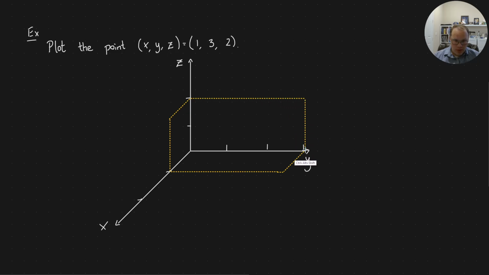So I'm going to draw a little box to help me see where this point would be. And we can see this point right here. That would be the point 1, 3, 2. It's 1 out on the x, it's 3 out on the y, it's 2 up on the z. Okay?